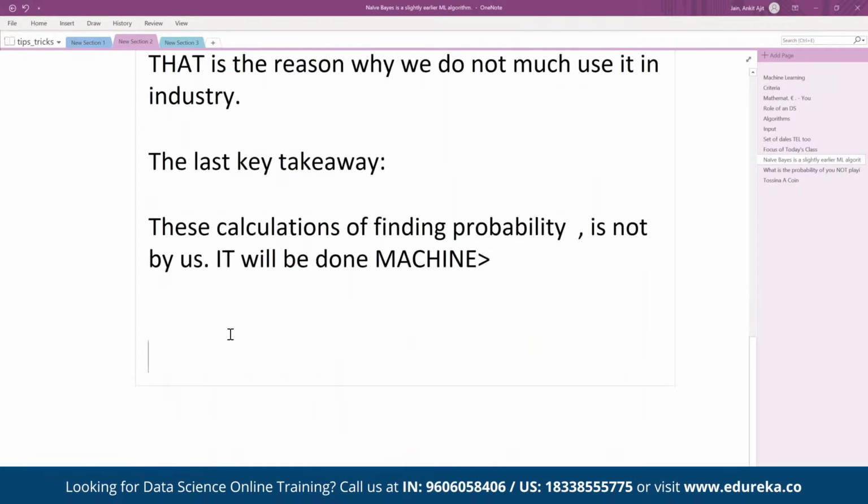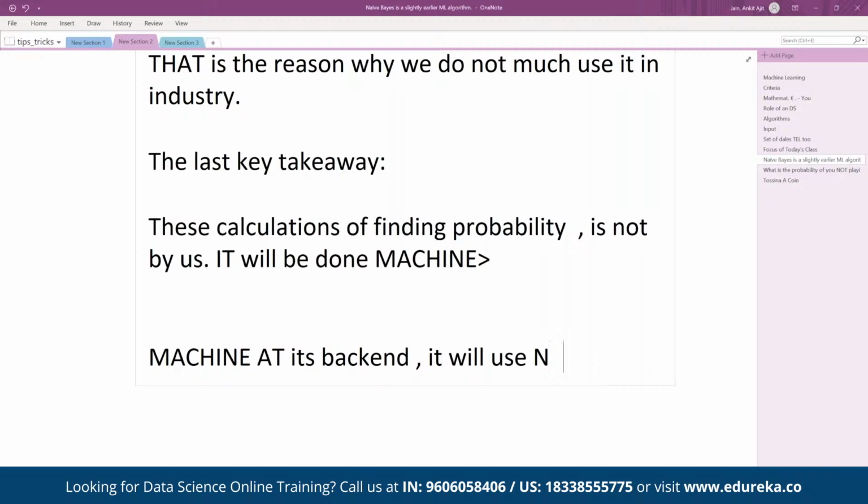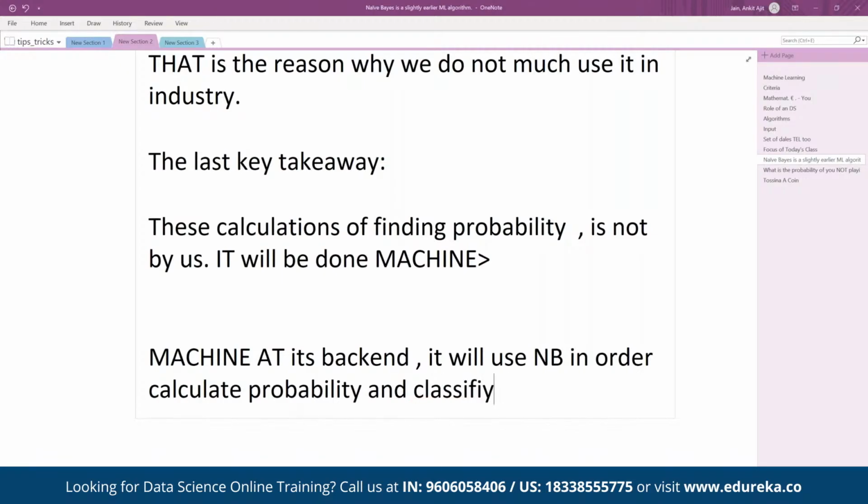But what are we understanding? That the machine at its back end will use Naive Bayes in order to calculate probability and classify. Are you all understanding? When you tell the machine to please use Naive Bayes, it will do the calculations which I just showed.